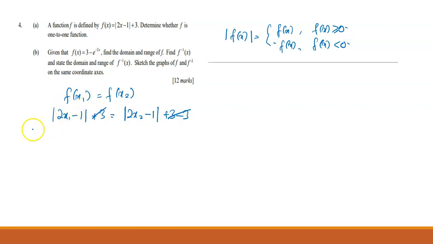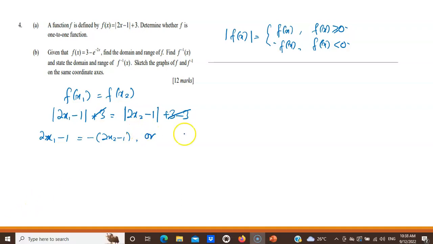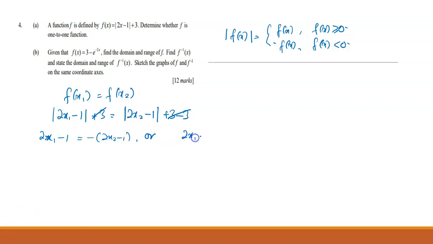Meaning for this, let's say we have 2x1 minus 1 equal to negative of 2x2 minus 1, or 2x1 minus 1 equal to 2x2 minus 1. Okay, if I simplify this first, negative 1, bring it here, become positive 1, equal to 0, and 2x1 equal to 2x2, and divide by 2 left and right, it will give you x1 equal to x2.